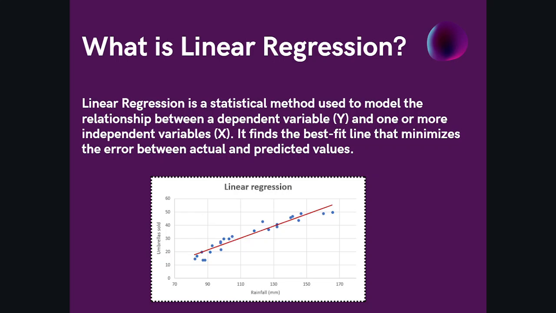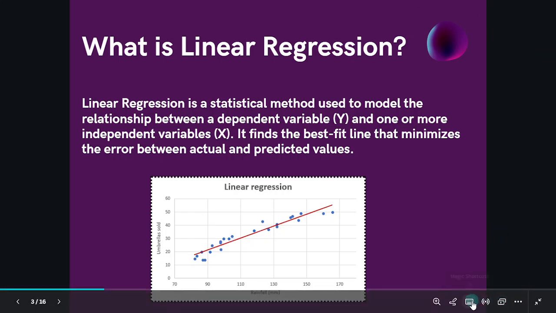So we can also see the graph I have given below. In this we just have to find the best fit line that minimizes the error between actual and predicted values. Now I will show you what actual and predicted values mean.